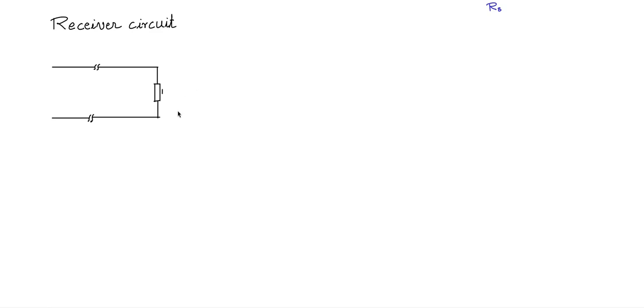Let me call that resistance RL, and the current I that we obtained, we designed this value of I to flow 4 milliamps to 20 milliamps: 4 milliamps when the transmission side voltage is 0, and 20 milliamps when the transmission side voltage is maximum. So I flows through this, and there is a drop across this, I into RL. So this is the voltage that we need to process.